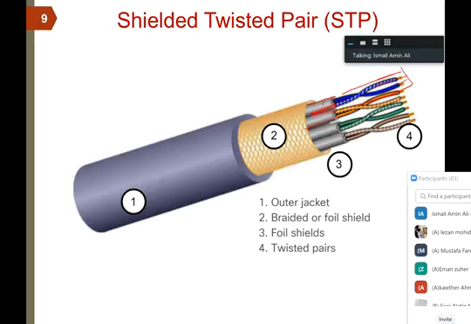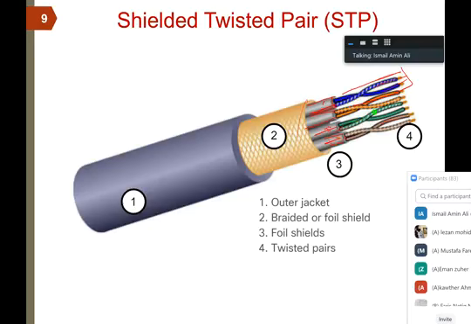This is a shield. And then there is another shield that shields all of them. So this shield, you see, will even reduce the crosstalk more than the twist, because these 2 pairs will not do crosstalk like before when they are not shielded.